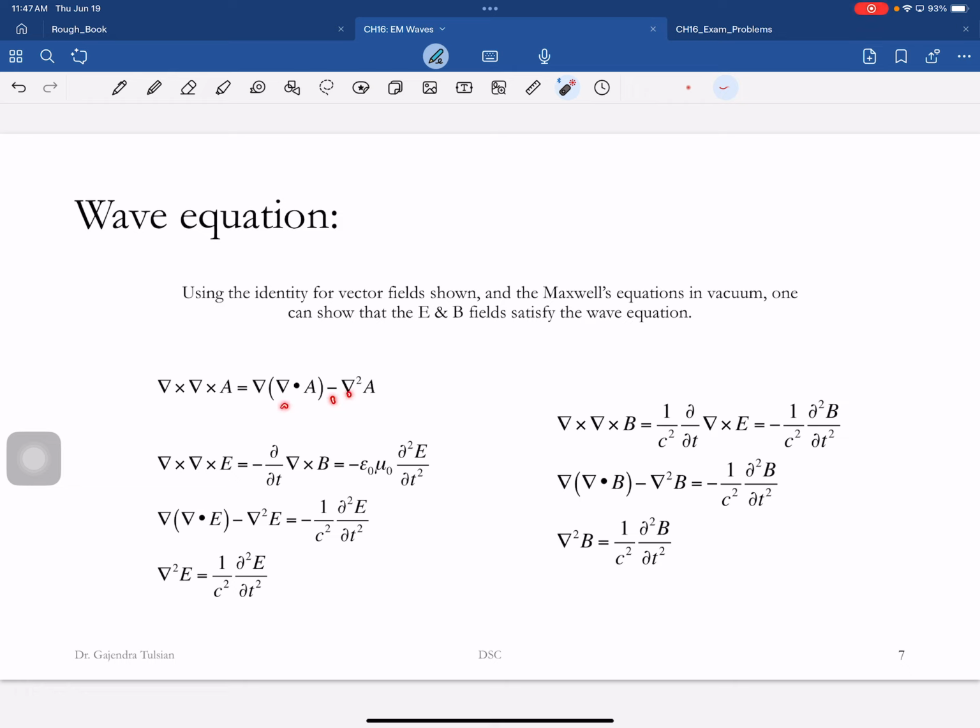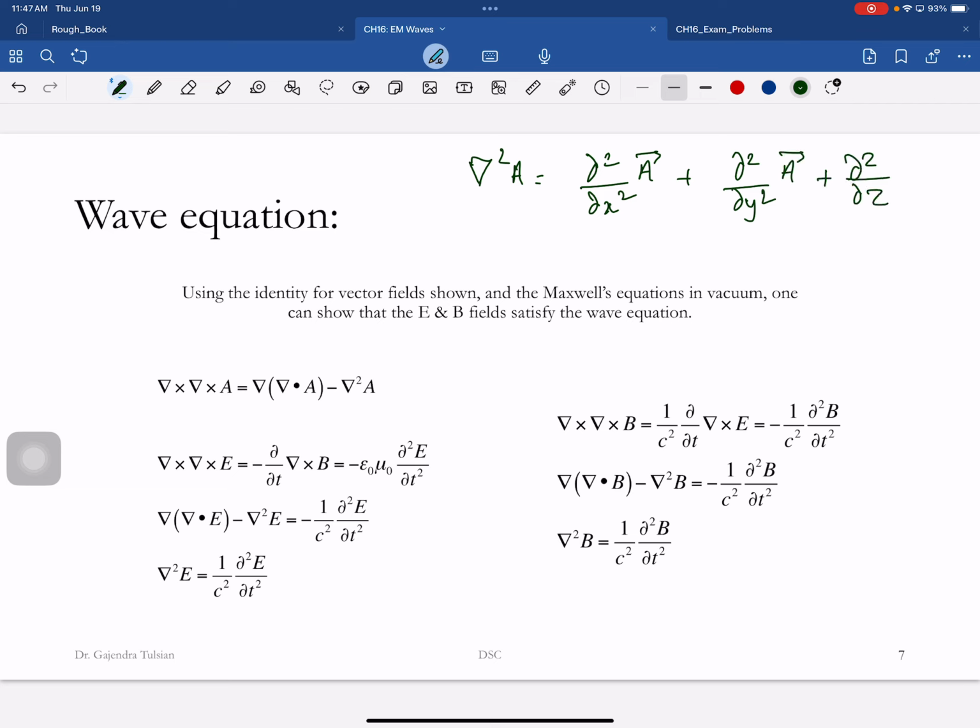Minus del square A. The del square operator is the following: del square by del x square A plus del square by del y square A.